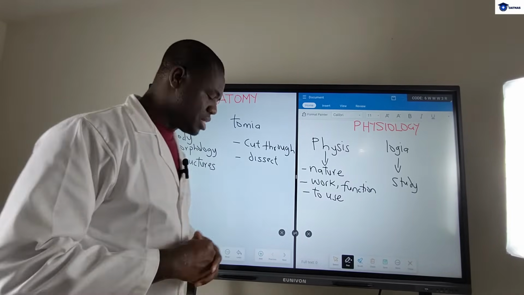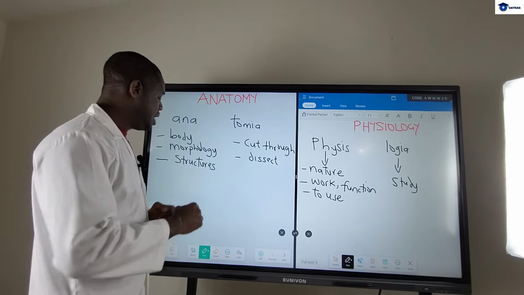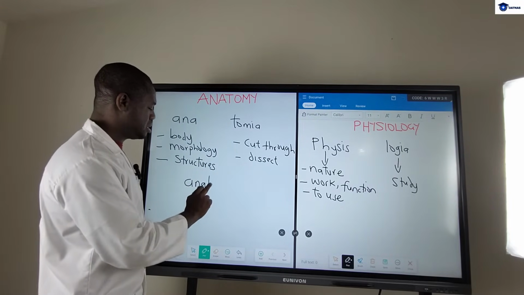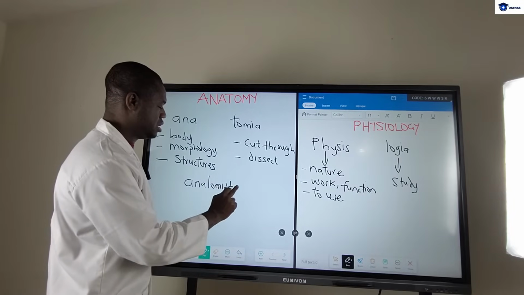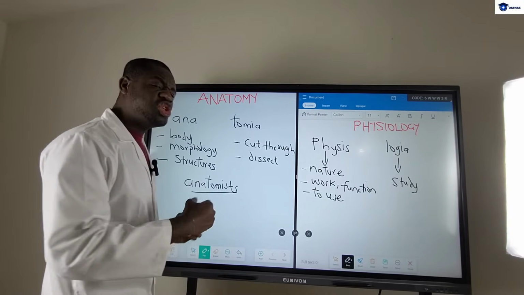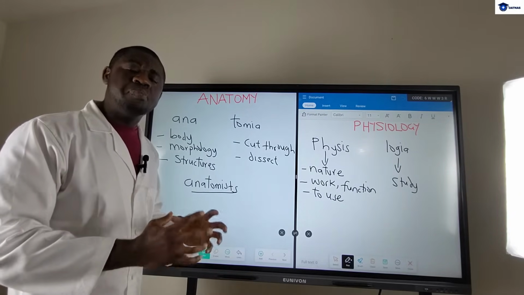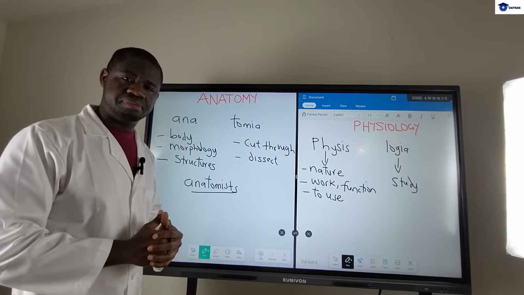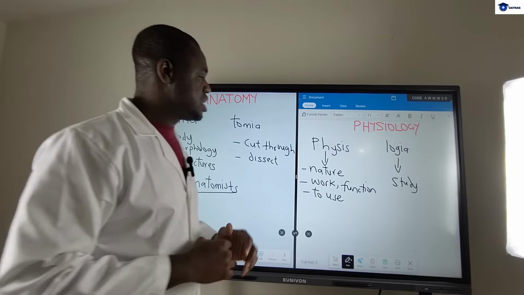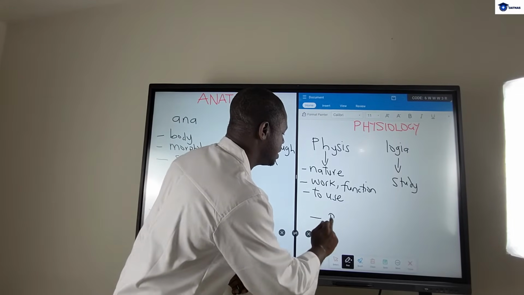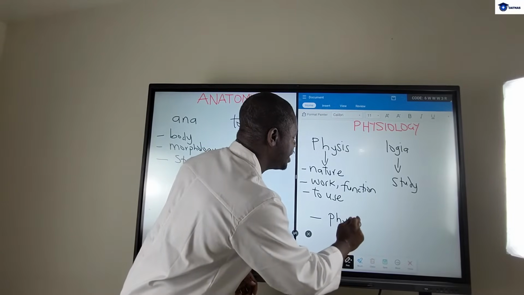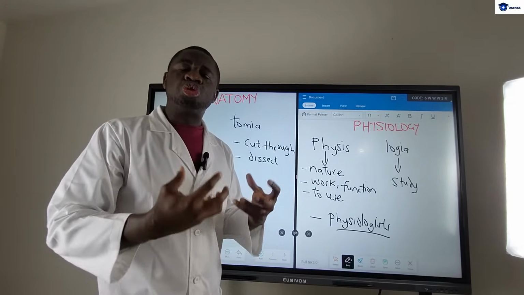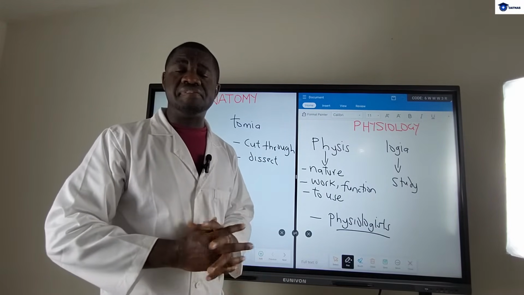The scientists who study anatomy are called anatomists. The anatomists study the morphology, the structures of the body. But physiologists are scientists who are dedicated in studying how the structures in the body function.